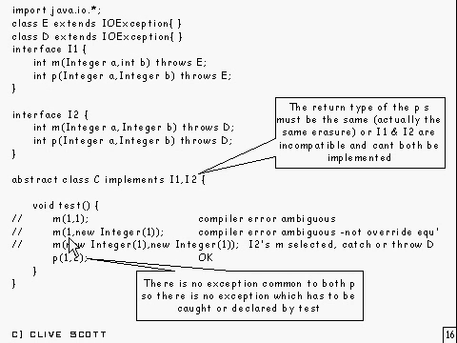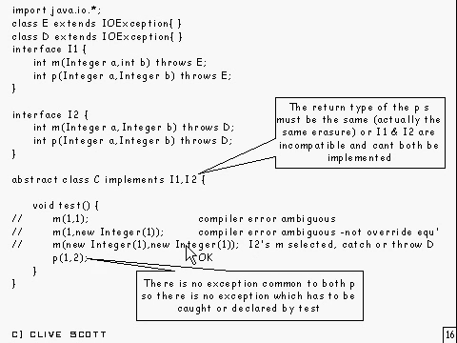And the same thing happens again. In this case, again, you need method invocation conversion, and again it's a compiler error because it can't distinguish between the two.